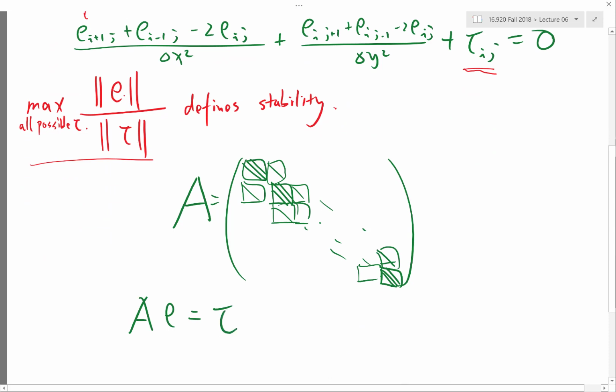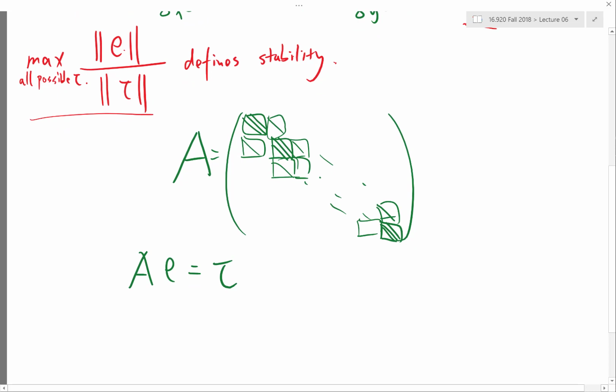So E is now the vector of the errors, and tau is a vector of the same length consisting of the truncation errors. And my A is a square matrix, as big as the number of unknowns and the number of equations. So what's the maximum, or supremum, of the possible E over possible tau?